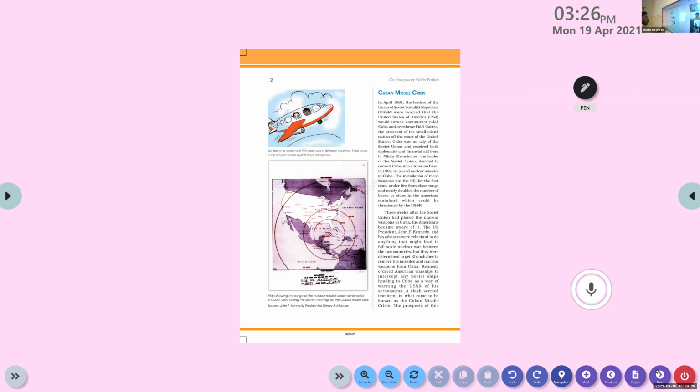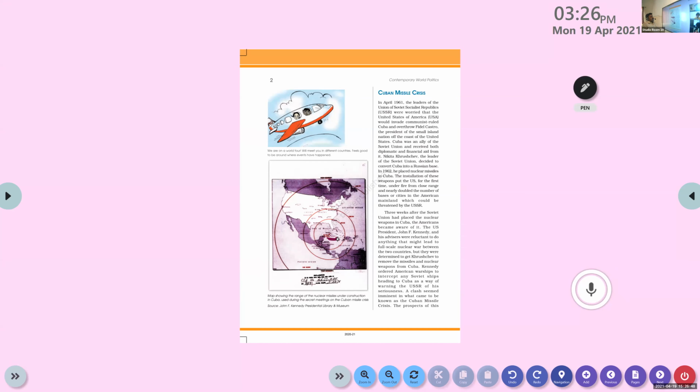So you can see a map here, a map showing the range of the nuclear missiles under construction in Cuba, used during the secret meetings of the Cuban Missile Crisis. Clear? So this is Cuba. Can you see that?